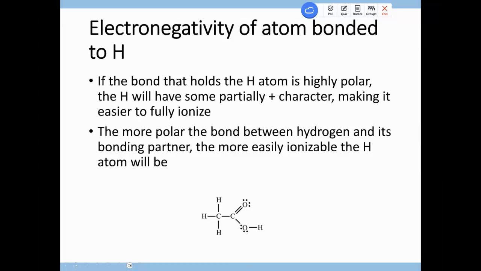Hydrogen to carbon bond is not very polar, but hydrogen to oxygen bond is very polar because of oxygen's electronegativity. So adding in the dipole arrow, the electrons are closer to oxygen. That induces a partial positive charge on hydrogen and partial negative on oxygen.